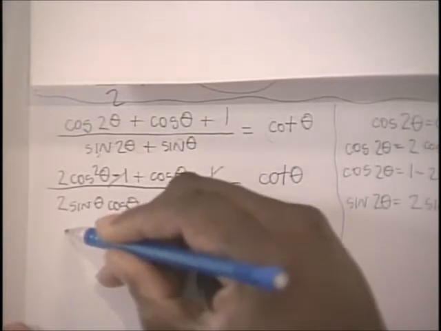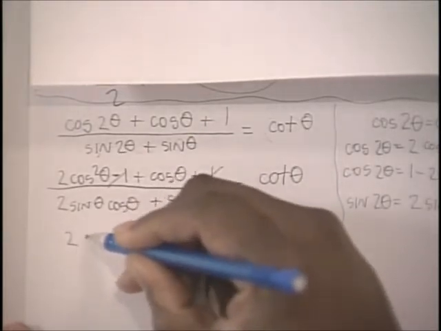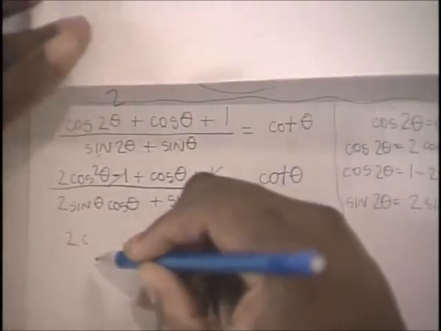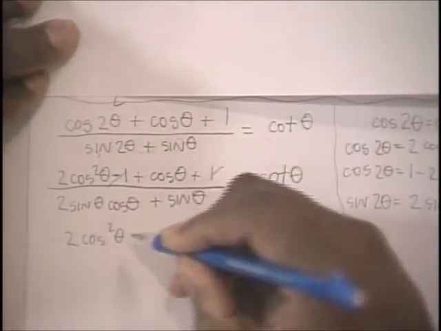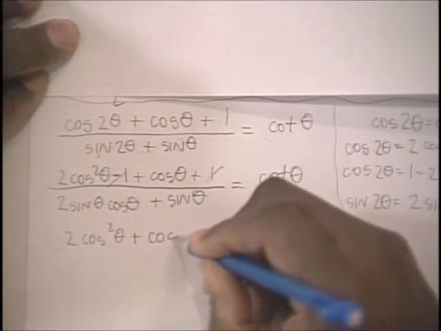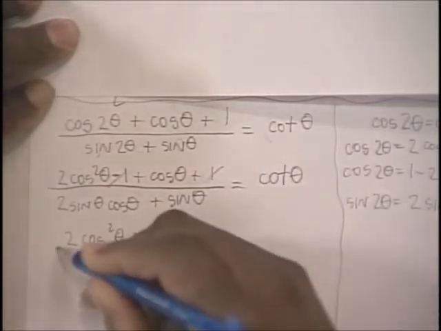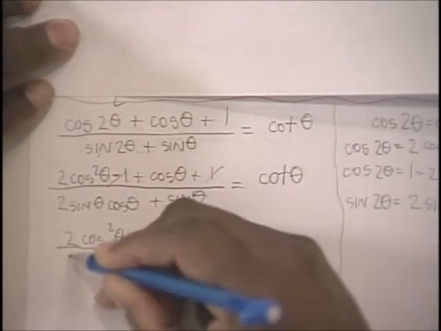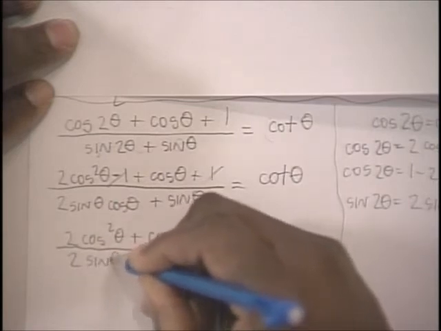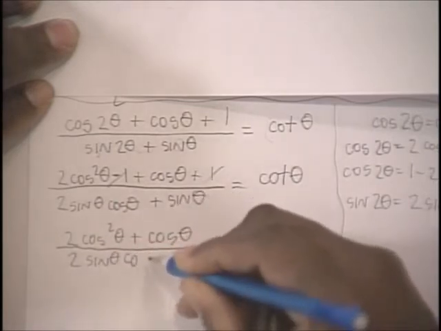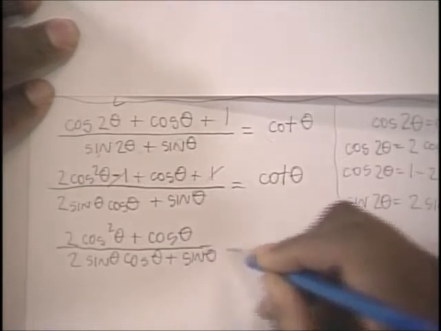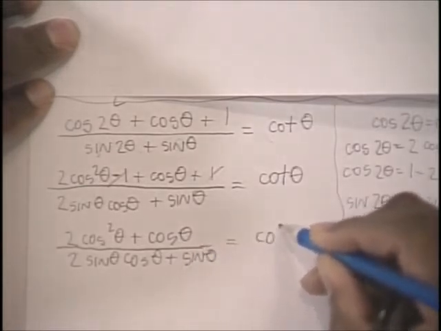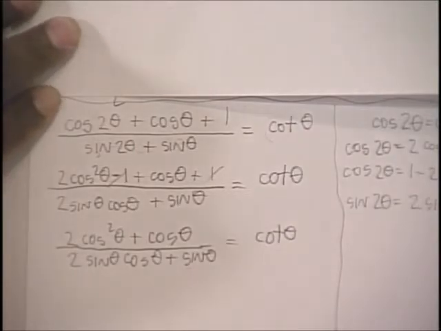So now what you have is 2 cosine squared theta plus cosine theta, and this is over 2 sine theta cosine theta plus sine theta. And again, they're saying that this is equal to the cotangent of theta.